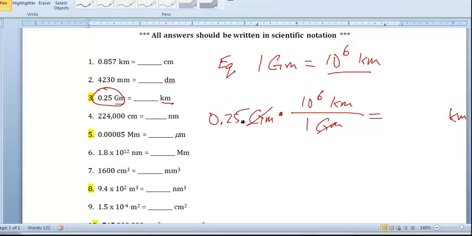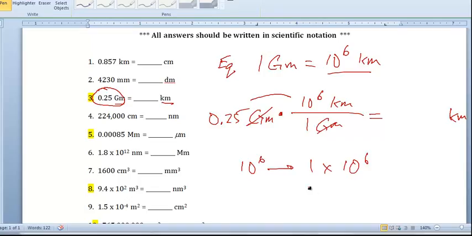And so then on your calculator, you type 0.25 times 1 times 10 to the sixth. Okay, so don't forget that on your calculator, 10 to the sixth is going to become 1 times 10 to the sixth.